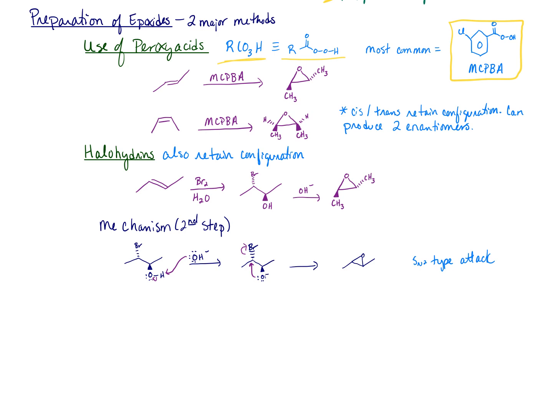The cool thing that we haven't discussed yet is if you have a trans alkene, you get a retention of configuration, because remember, the way that epoxide comes in is from one side, and then basically brings in an oxygen, and it just sort of connects and back down.